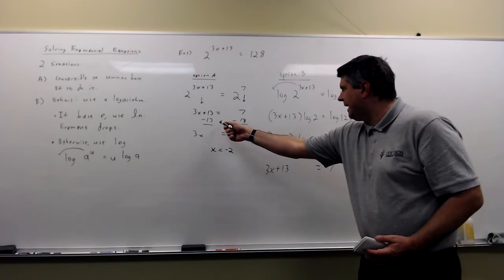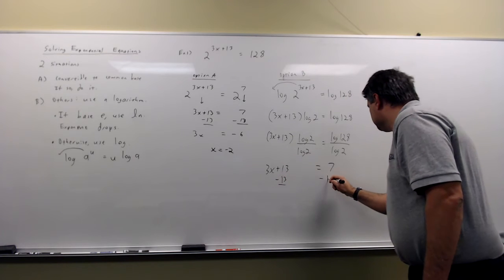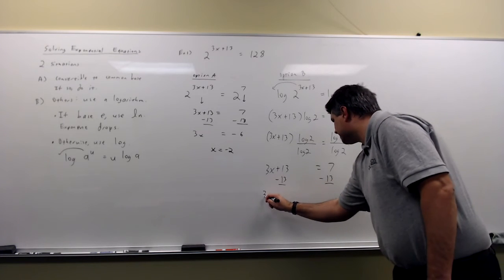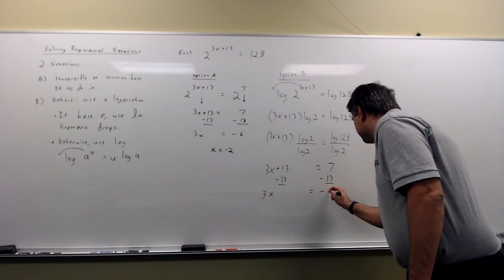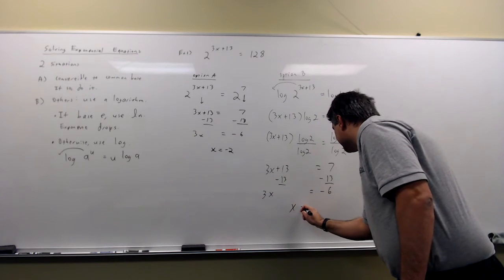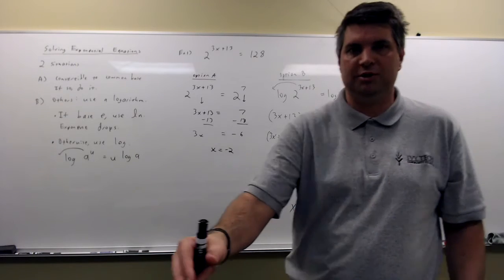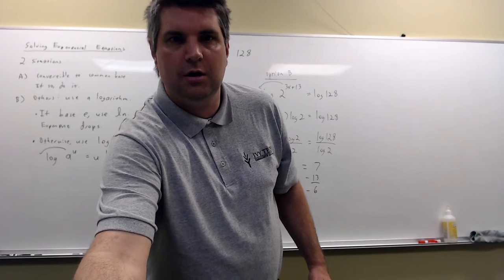And then from here, it becomes the same problem. So 3x equals negative 6. Divide off the 3, divide off the 3, x is negative 2. Okay, see how I am on board space.